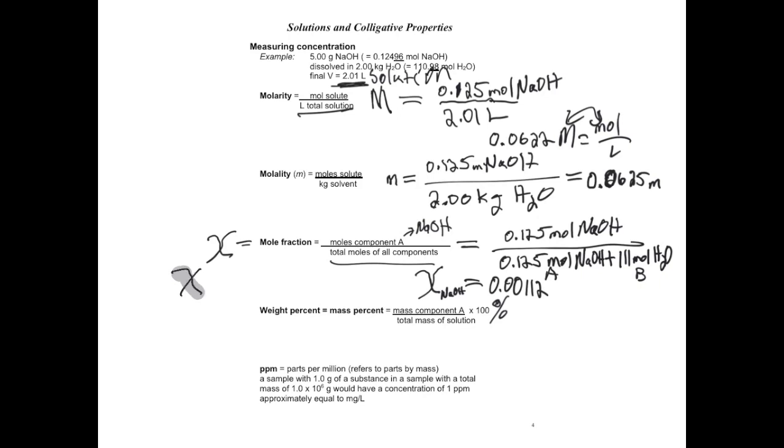The mole fraction of sodium hydroxide plus the mole fraction of water, since those are the only two components that are present, are equal to 1. So I could just take 1 and subtract from it my mole fraction of sodium hydroxide, and I can get my mole fraction of water. So 1 minus, and it's exactly 1, so it has an infinite number of significant digits.